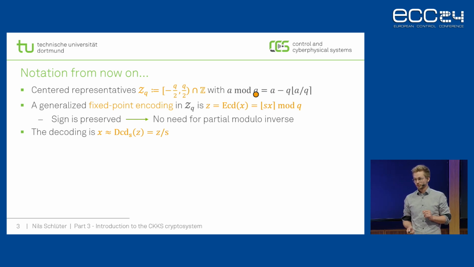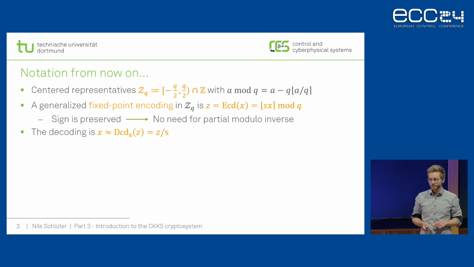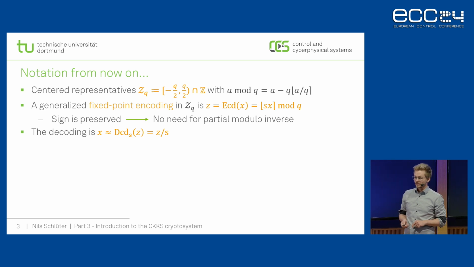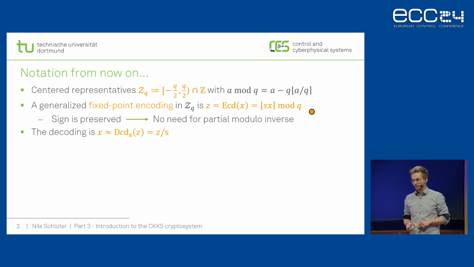We have here a modulo q is a minus q, and then we have not the flooring, but the rounding operation, rounding to the nearest integer. And because of that, a generalized fixed point encoding, which has also been introduced in Moritz's first talk, is then by applying the scaling factor s to a real number x, rounding it to the nearest number, applying the modulo q operation.